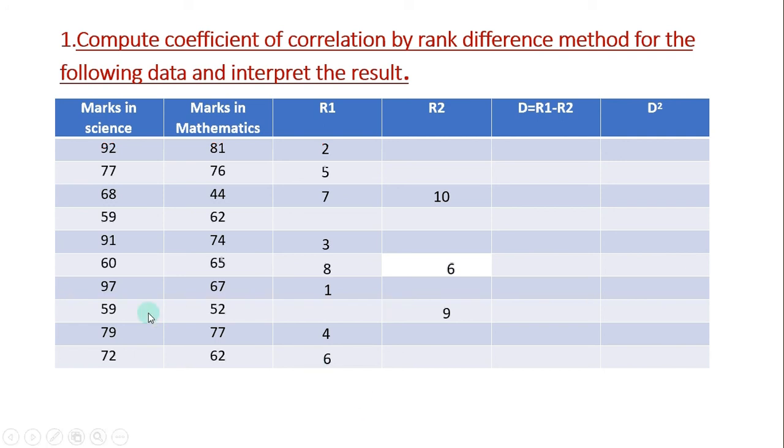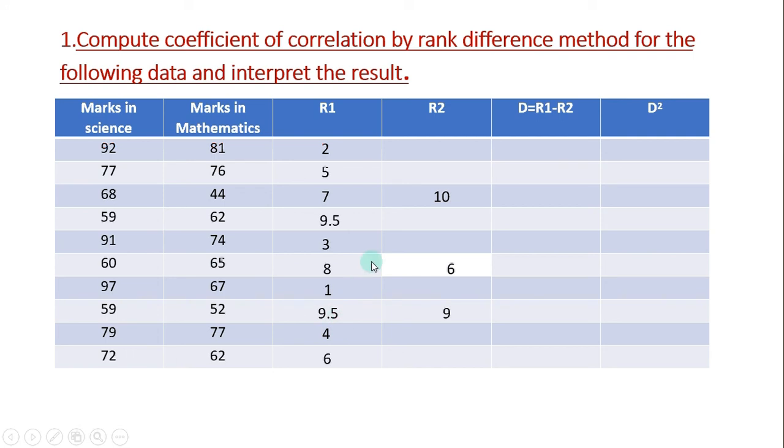Next, 59 and 59. These two scores are repeated; these two students got the same marks. After 8, the next ranks would be 9 and 10, so 9 plus 10 is 19, divided by 2 is 9.5. We give 9.5 and 9.5, not 9 and 10.